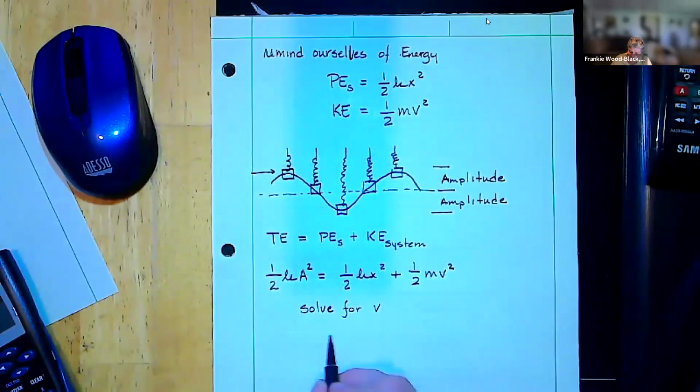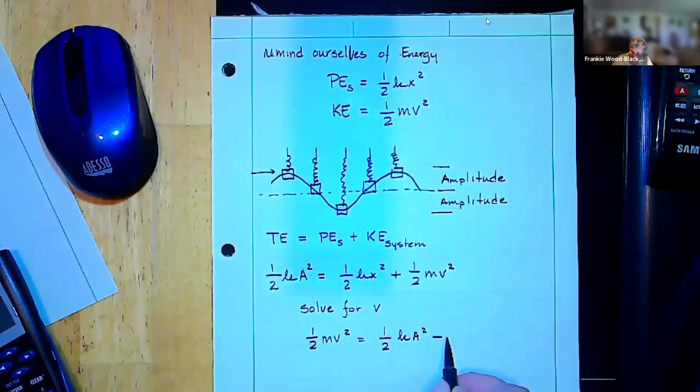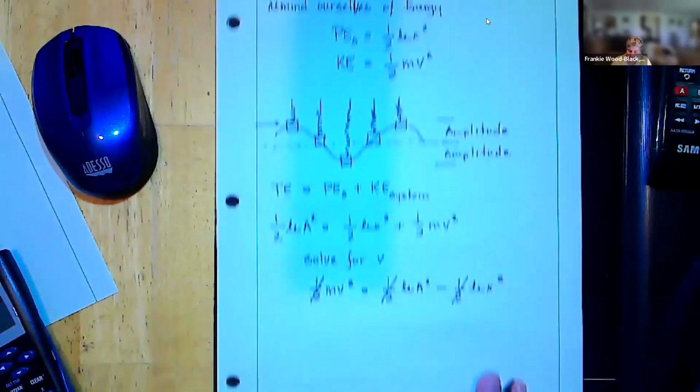If we do that, we're going to get 1/2 mv squared is equal to 1/2 ka squared minus 1/2 kx squared. My halves all go away.